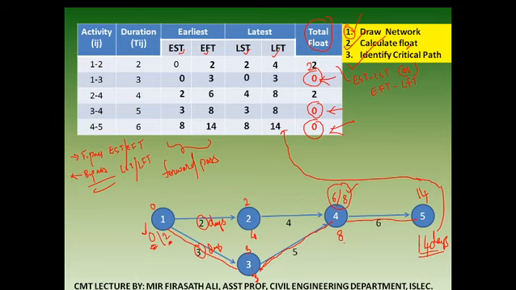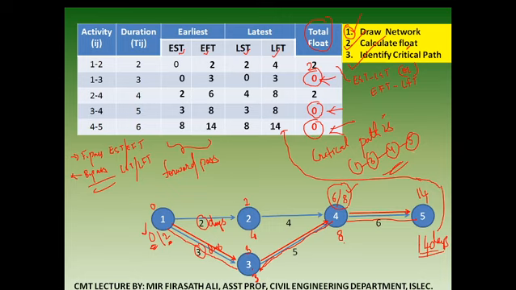Therefore our critical path is 1 to 3, 3 to 4, 4 to 5. This is nothing but our critical path. Finally, this should be your diagram.